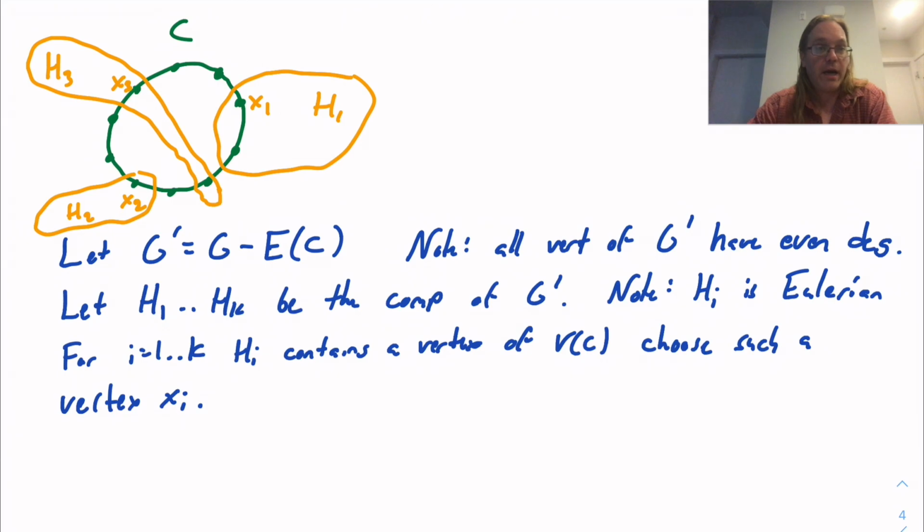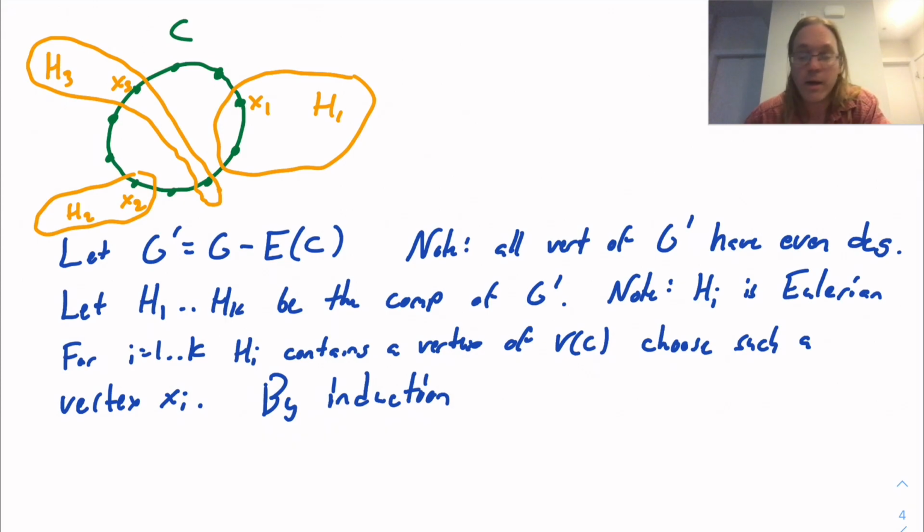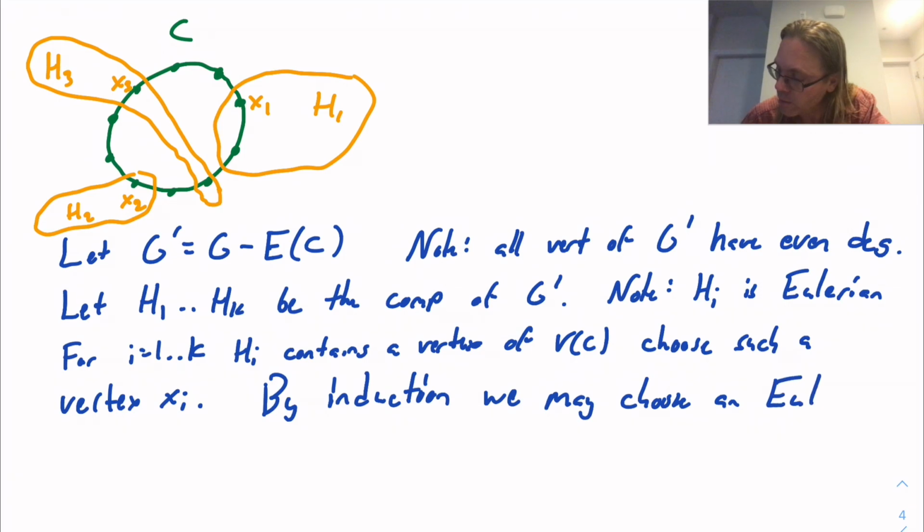And now here's the idea. Each Hi is a connected graph with all vertices of even degree, so it's Eulerian, and by induction, I can choose an Euler walk of that graph. By shifting, I can assume that that Euler walk begins and ends at xi. So by induction, we may choose an Euler walk, I'll call it Wi, of the graph Hi.